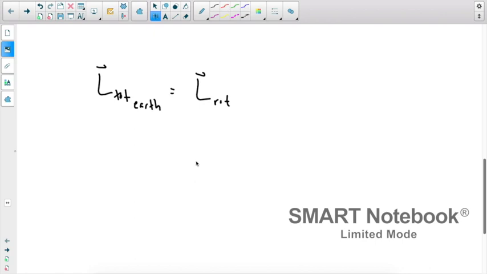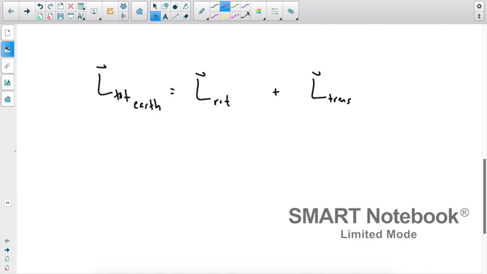That's what gets us a day, right? And then the angular momentum that it has translationally, as the Earth itself moves through space about a fixed point, the sun, basically.